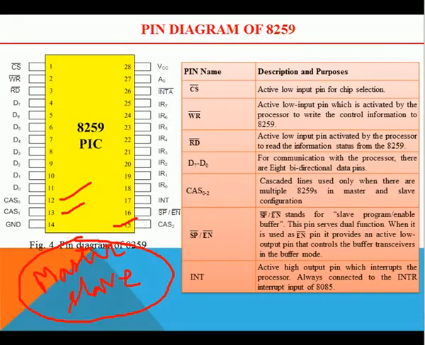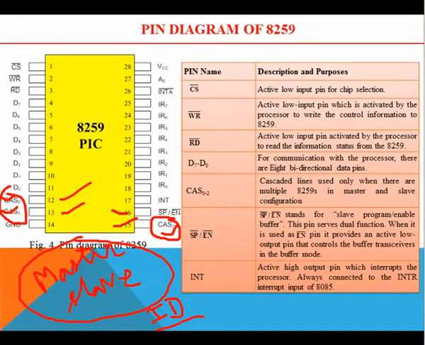We simply say that the combination of CAS0, CAS1 and CAS2 will generate an identification number for the slave mode 8259. We will see the use of CAS0, CAS1 and CAS2 in an upcoming slide.